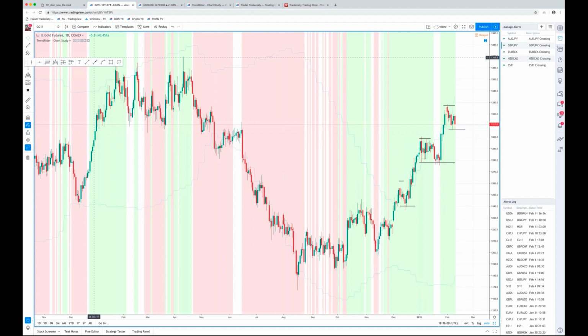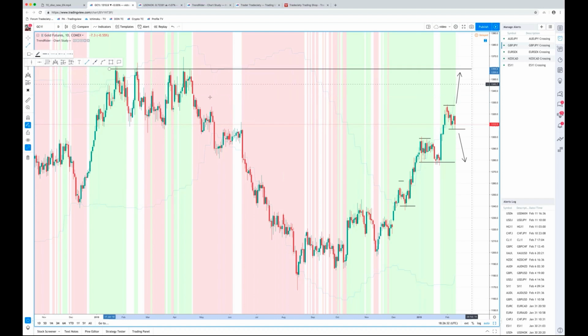First of all, we could break below this area, which is 1306. This will most likely cause a change from a bull to a bear market, at least for the foreseeable future, until we hit the next bottom. Or we break out to the top. 1330 is the resistance to the top. And if this breaks, we can expect maybe a move into the previous resistance that hasn't been touched yet.